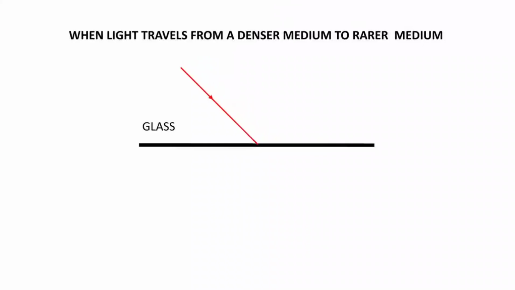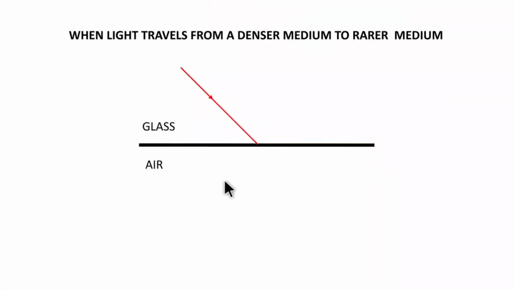Next, when light travels from a denser medium to a rarer medium. Here let's assume that the light is traveling in glass, which is the denser medium, and it strikes the surface, and the outer medium outside the glass is air.